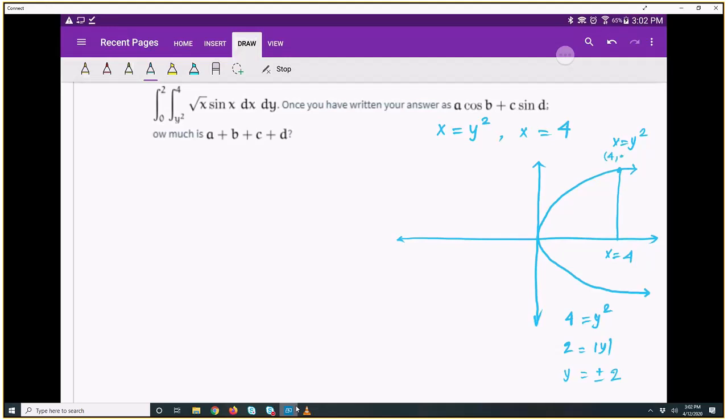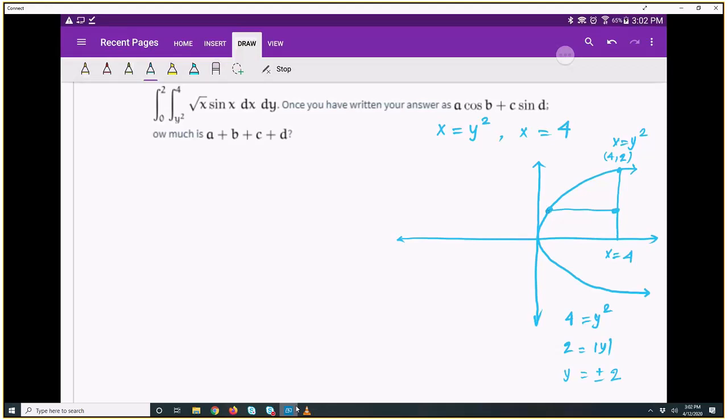So at this point, the height is 2 units. My limit for x tells me I'm integrating from a point on the parabola to a point on this vertical straight line. The limit on the y-axis is the height of an arbitrary point on the parabola.